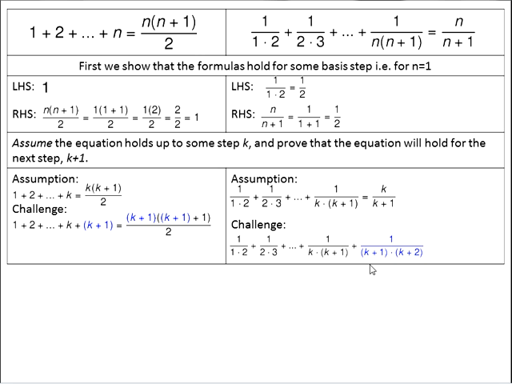See, I added the next term. My denominator only went up to k times k plus 1, so I kick it up a notch to k plus 1 times k plus 2. That's what happens on the left-hand side. You add the next step.